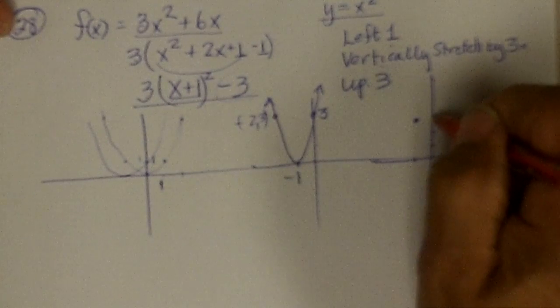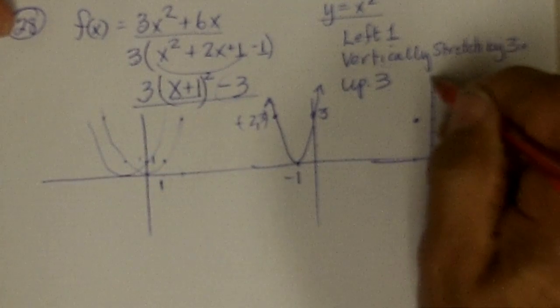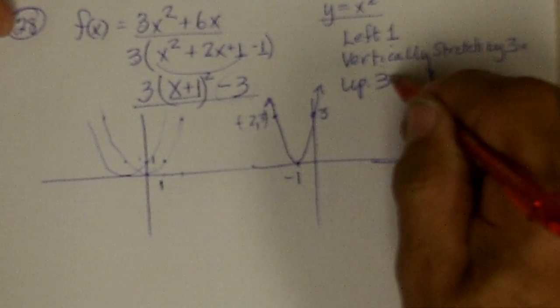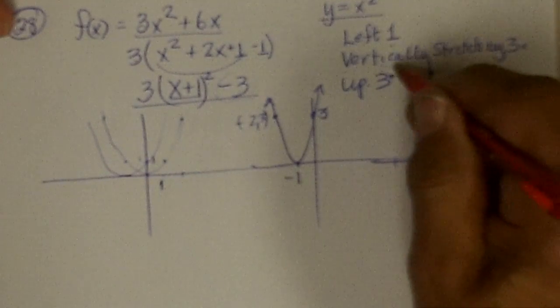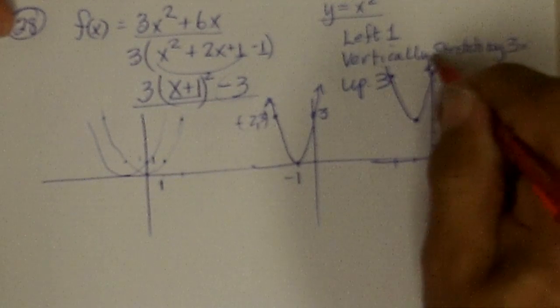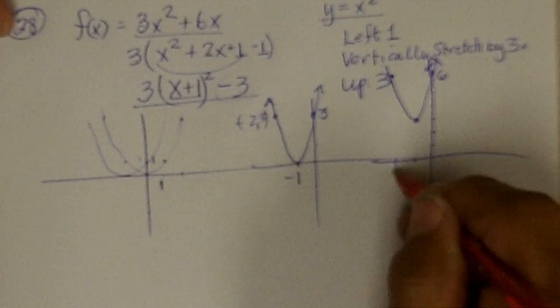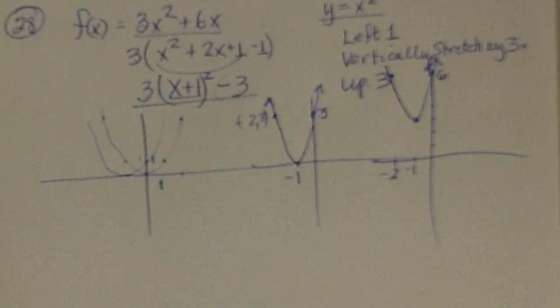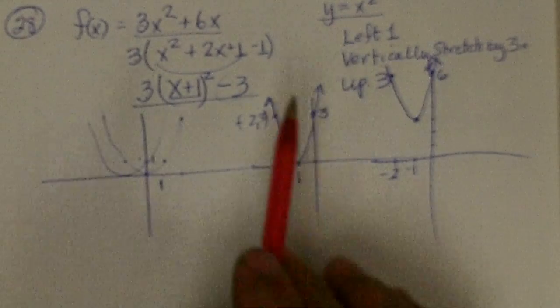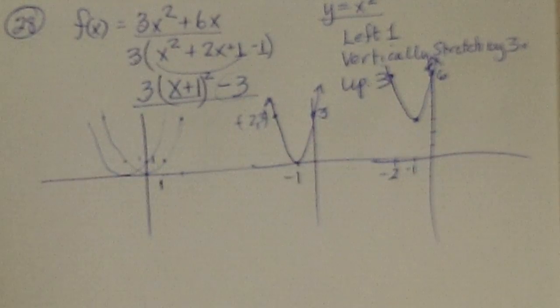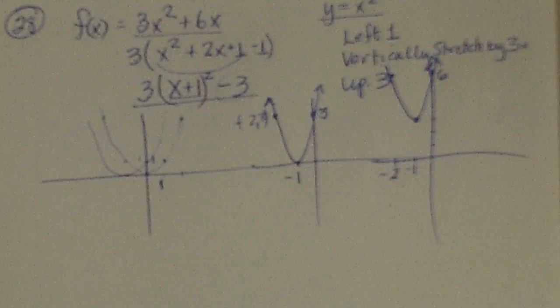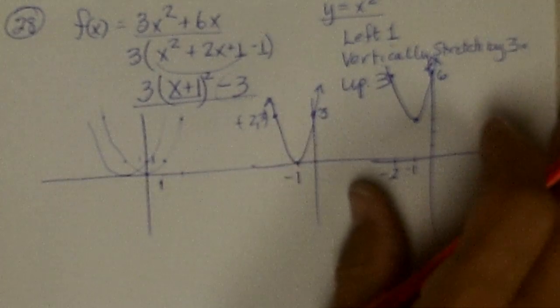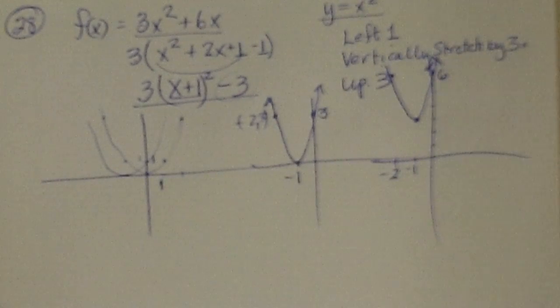Then if I go over 1, it's going to be up 3 more. So that's up at 6, and up at 6 at negative 2. So you have to kind of complete the square before you can know the translations to get to it. Okay? That's what they wanted you to do on 28.